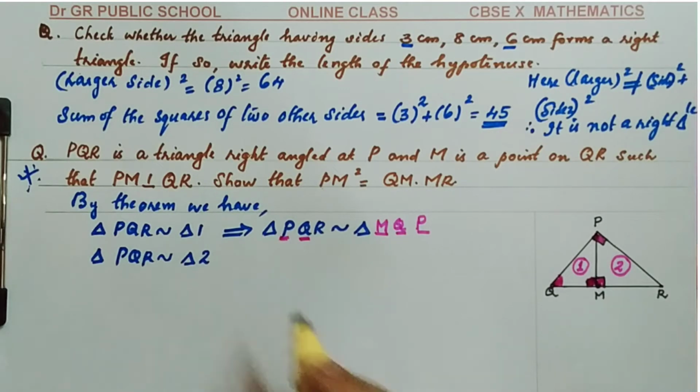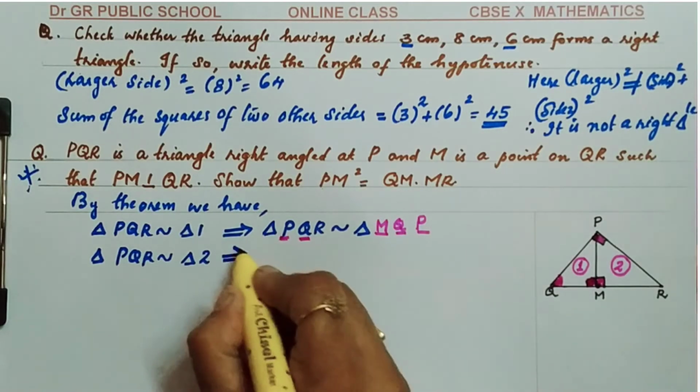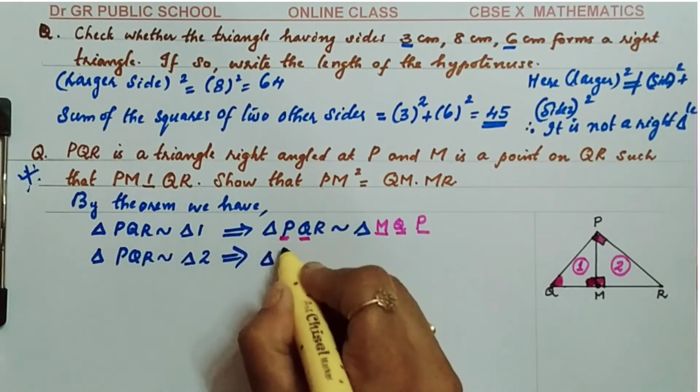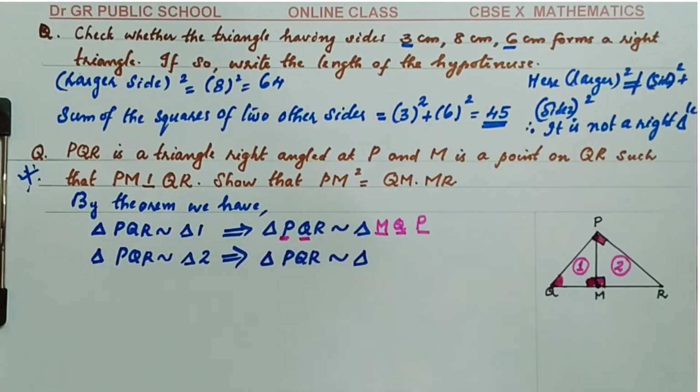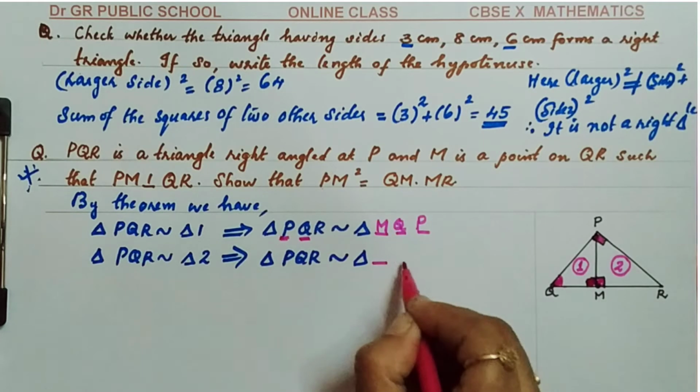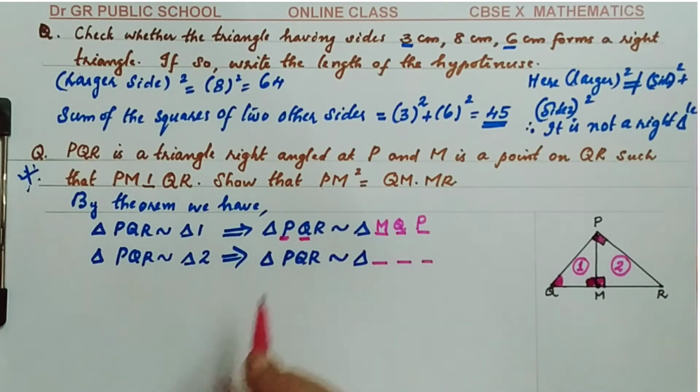In the same way, consider triangle 2. I am going to write the similarity of triangle 2 as triangle PQR is similar to triangle. The correct order of vertices you need to write.